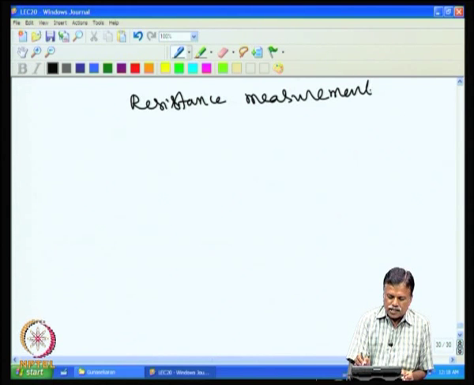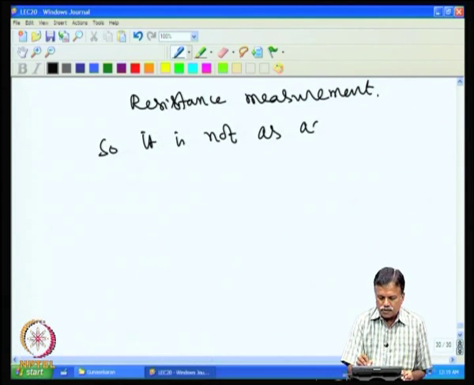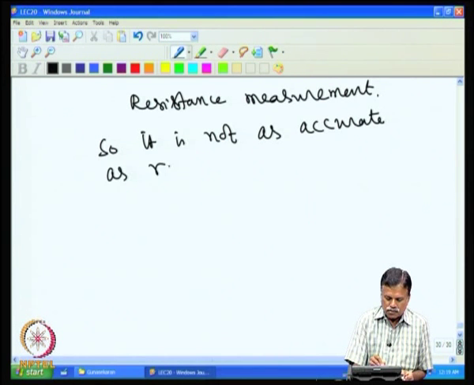So it is not as accurate as the ratio transformer bridge.